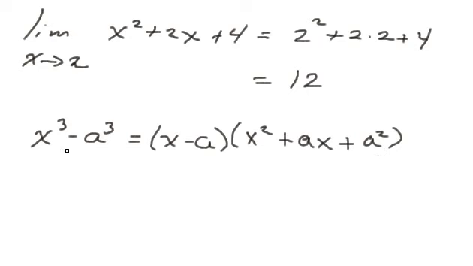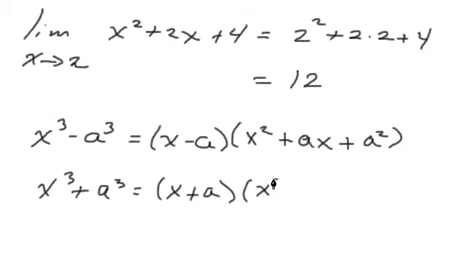Okay, this is the problem that we worked on. But if you had x cubed plus a cubed, we end up with x plus a times x squared minus ax plus a squared. Alright, we'll work another one, and this next one we're going to use the sum of 2 cubes. Okay.